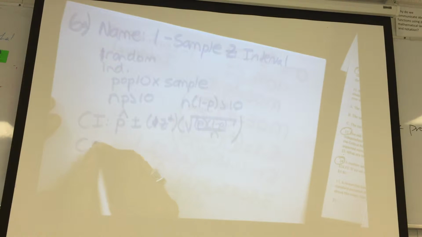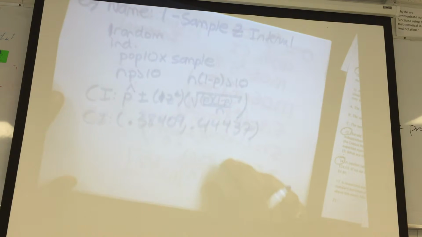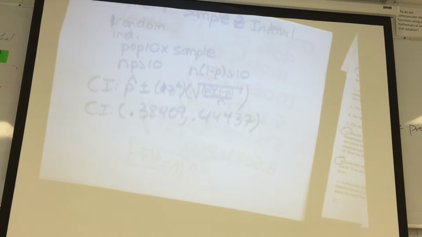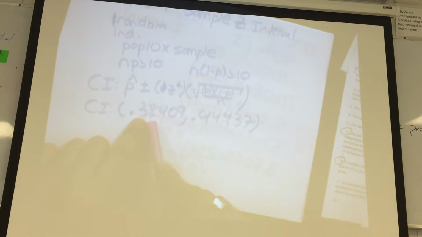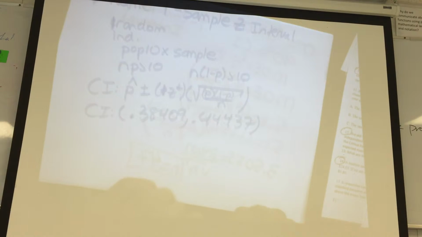The confidence interval is 0.38409 and 0.44437. Interpreting was not bad. We are 95% confident that the true proportion of people who want to change Social Security is between 38.4% and 44.4%. That was good. Then we got to B, and wheels began to come off.